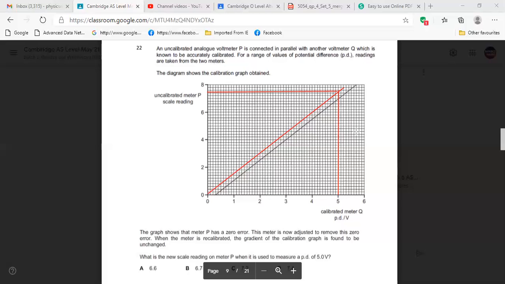You can check with the reading. We have 10 small squares, right, between 6 and 8. So each small square is giving you 0.2, right? Yes, sir. So you count how many small squares we reached there. So far can we understand?